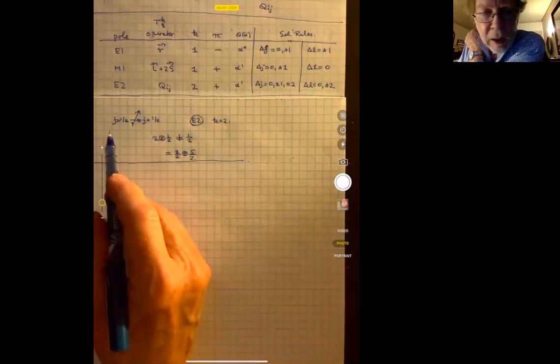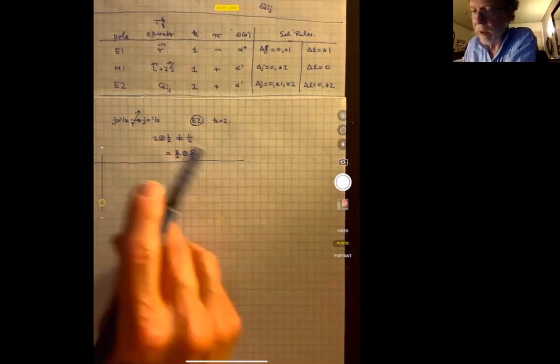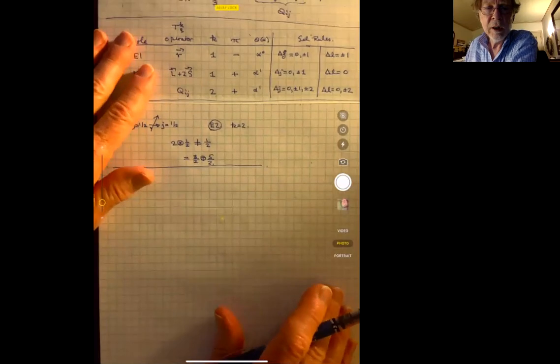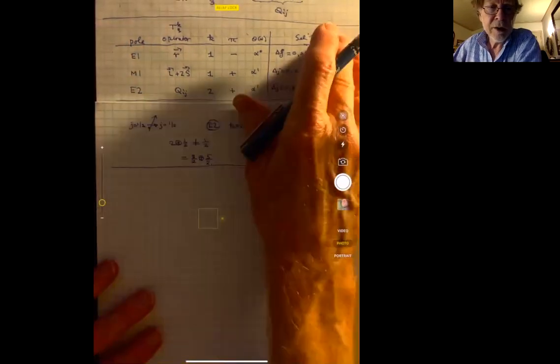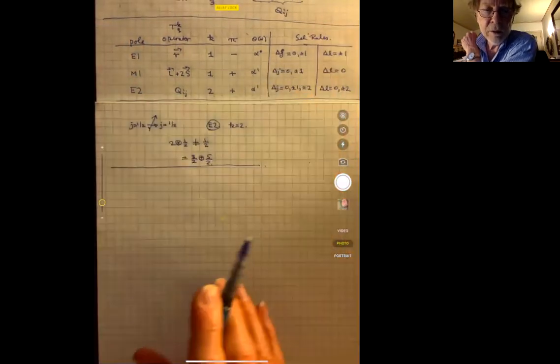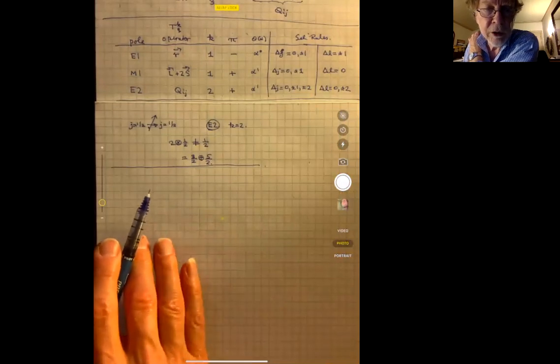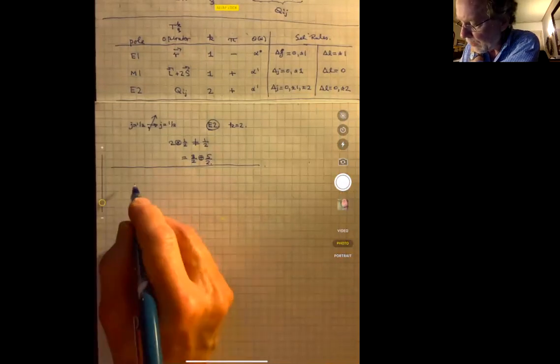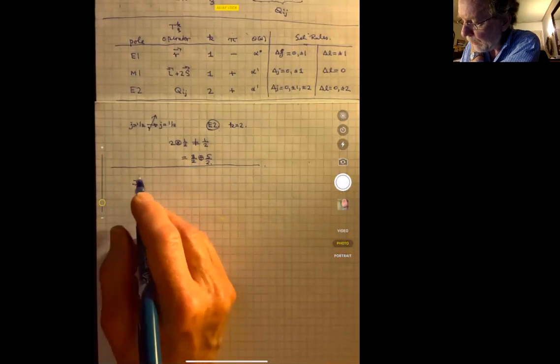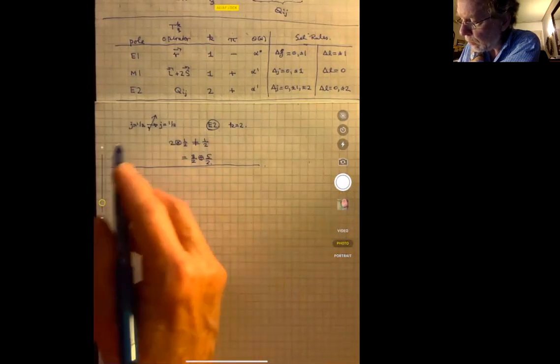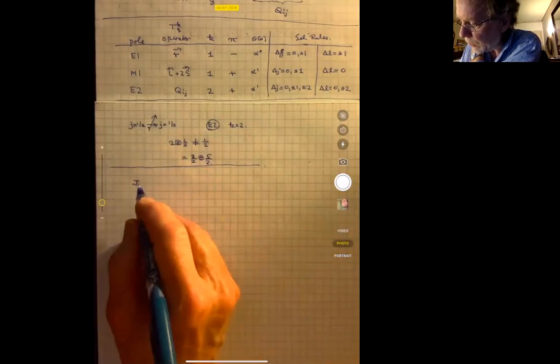In the case of a single electron atom, we only have half integer J. There's no other choice because the spin is half integer. If you had an atom that has an even number of electrons, more than one, like 2, like helium, for example, then the total J is integer. And similar selection rules arise in this case.